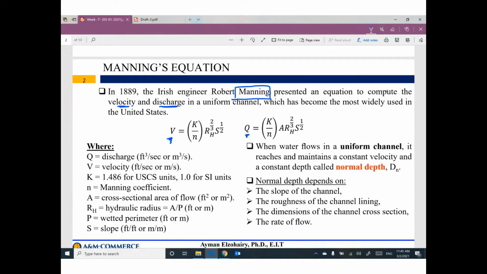Velocity equals K divided by n times R_H to the power 2/3 times S to the power 1/2. K is a constant factor. We have two values: 1.486 if you are using US units, or 1 if you are using SI units.